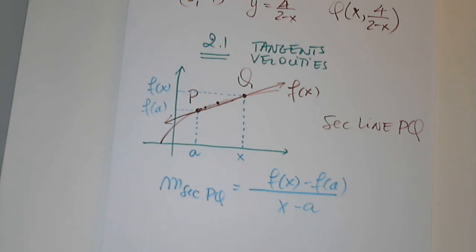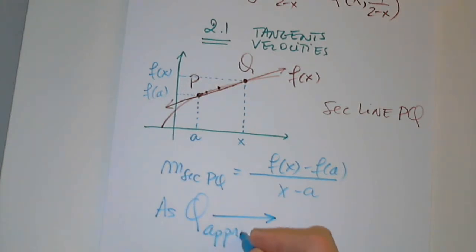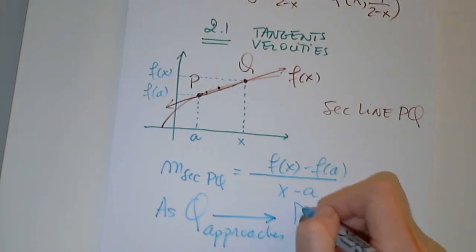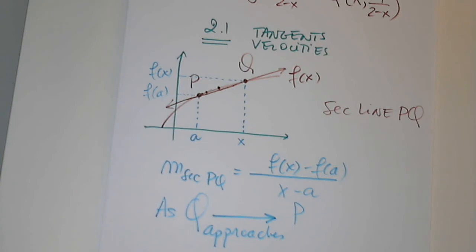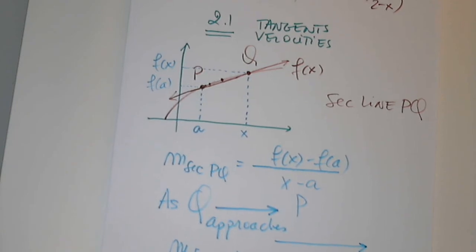And as Q approaches P, not equal, not identical, what happens to the slope of the secant line PQ? Will approach. What do you think?